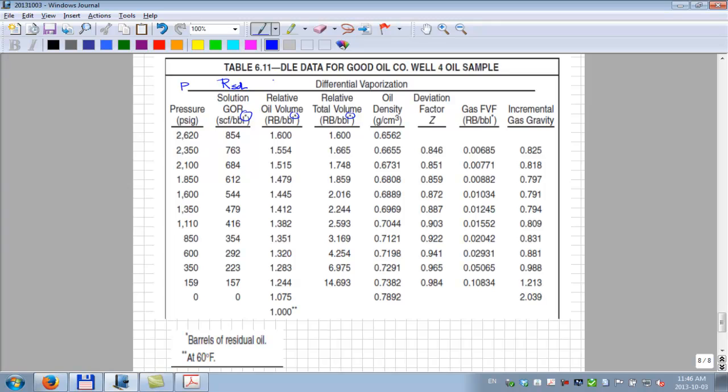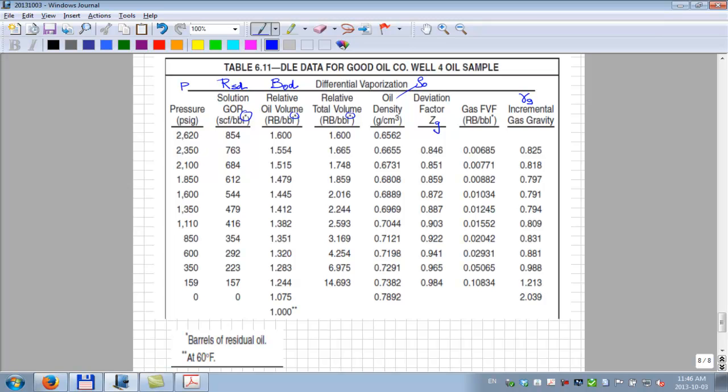Relative oil volume, that is the BOD. Here we've got the oil density, gas Z factor, gas specific gravity.